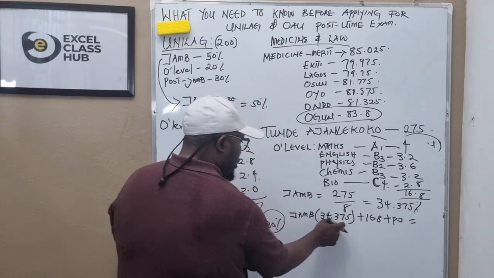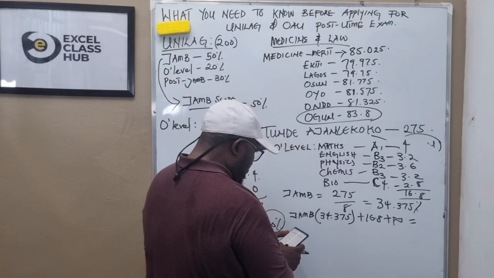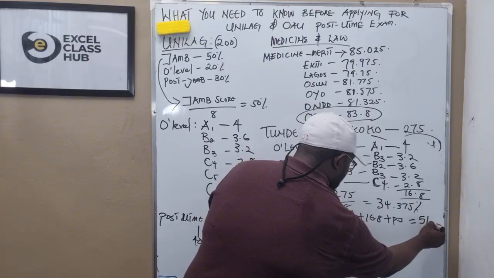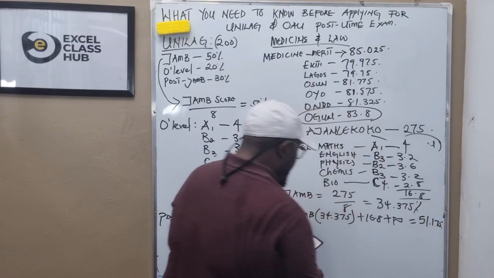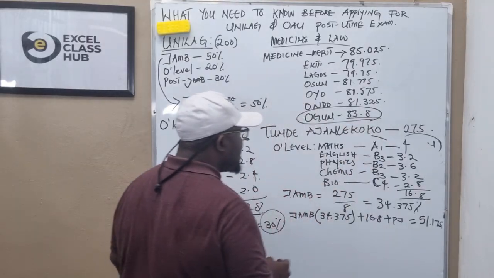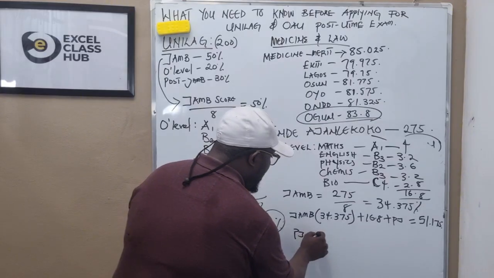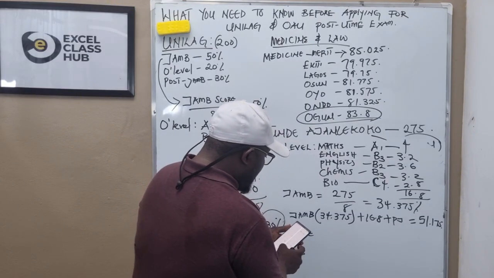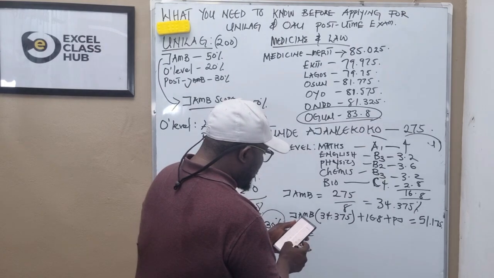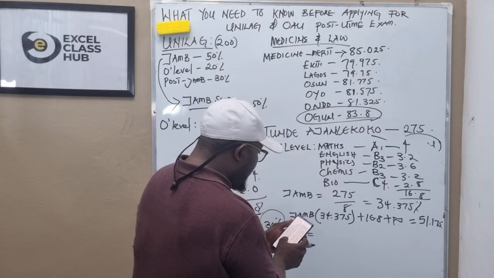Add up all this together plus 34.375. So you have 51.15%, and is looking for 83.8%, meaning that in his post-JAMB, he should be aiming for 83.8 minus 51.175.